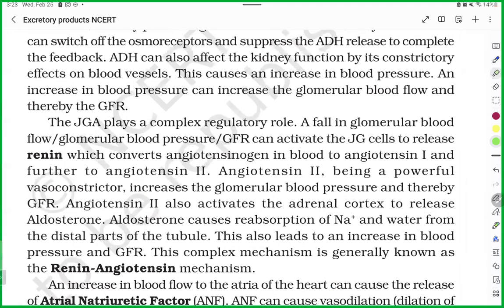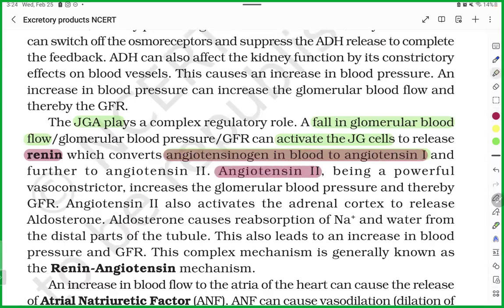JGA plays an important role in the regulation. If the kidney is not filtering properly and GFR is less, it will activate the JG cell. Activation of the JG cell will release renin. Renin helps to convert the inactive form of enzyme, angiotensinogen in blood, to angiotensin 1, and then angiotensin 2.